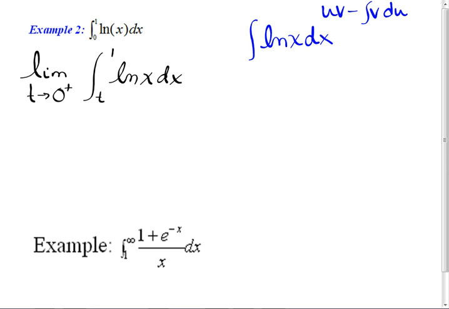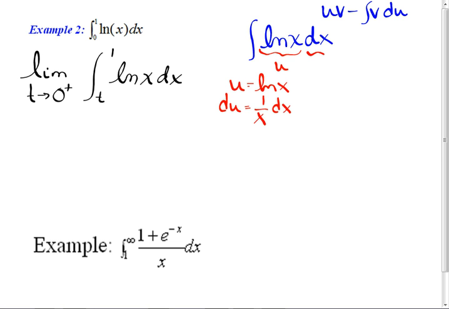This is hard. Now, remember, which one do you want u to be? Remember, I want u to change form if I take the derivative. So if I let u be the log of x, that changes form, that becomes 1 over x. So u is equal to the log of x, then du is equal to 1 over x dx.